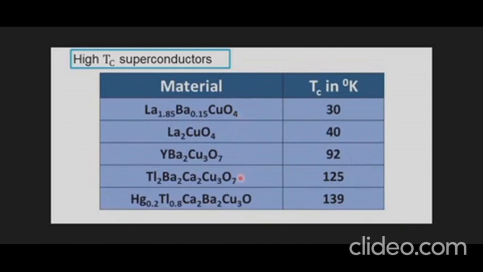All these materials are copper oxides, and you can see the formulas. YBa2Cu3O7 has a critical temperature of 92 Kelvin.